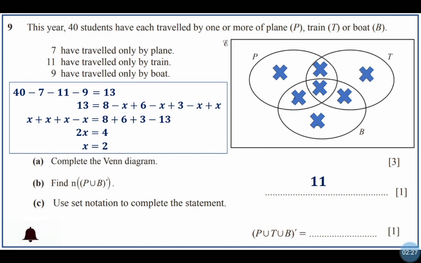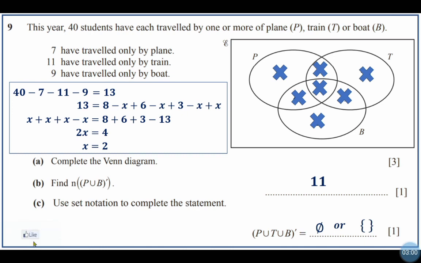Therefore, it has nothing. When we say it has nothing, we represent that in set notation as this, empty set. This represents empty set. Or you can just write this one. A curly bracket without anything inside means empty set. So that's how you write your answer for letter C.